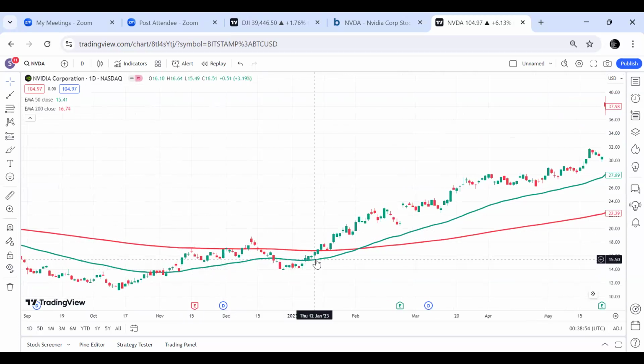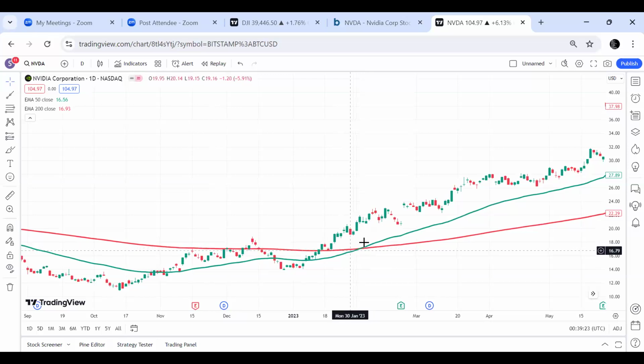This moving average crosses the slow moving average from below. If a fast moving average crosses a slow moving average from below, then it is known as the golden crossover strategy, and it indicates a buy signal.